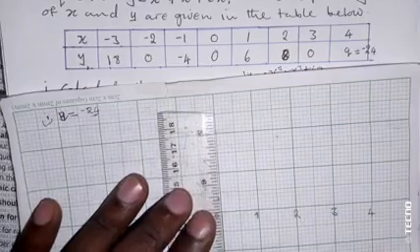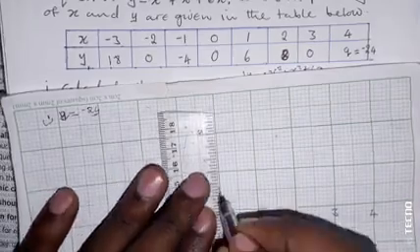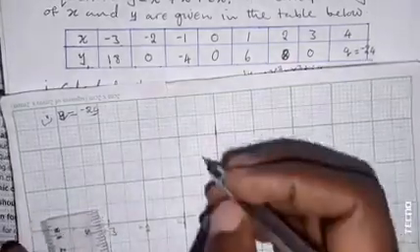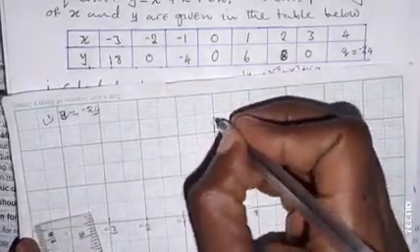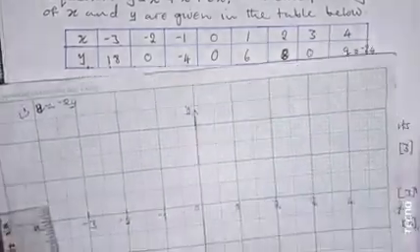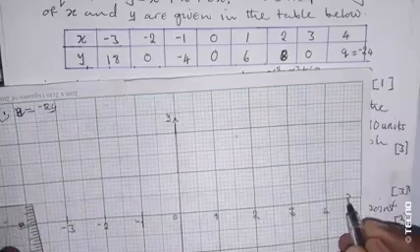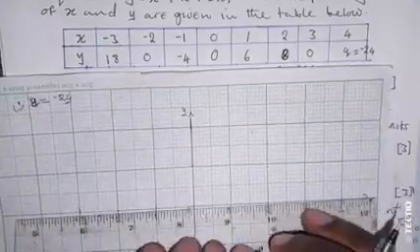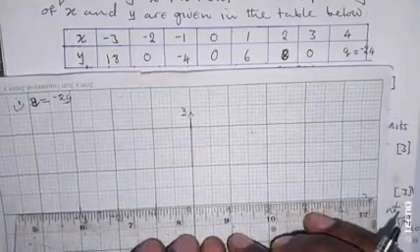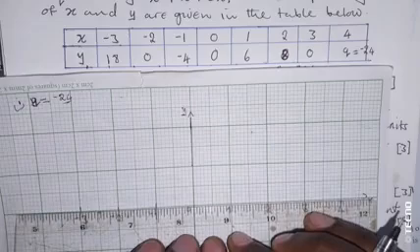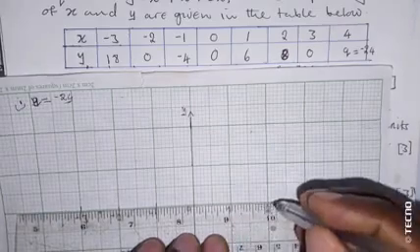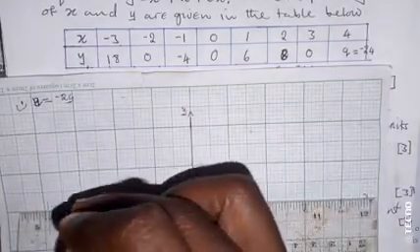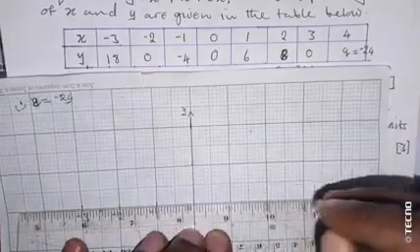I want you to see where this y-axis lies. So here, this is my y-axis, and this is the x-axis. So even this side, I'll also use a pen so that it's visible.